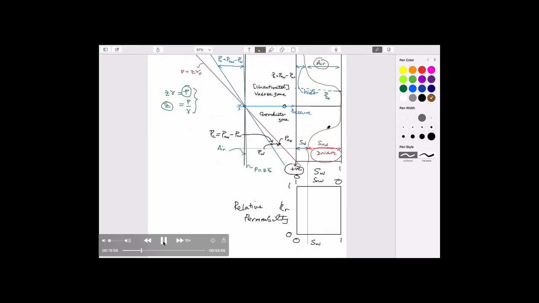Also related to those, and on the same axes, if you like, are how the permeability changes. So the capillary pressure curves say something about the static behavior of fluid when it's held in equilibrium by meniscus forces. And the relative permeability curves say something about the rate at which it can move in the subsurface. And the two are related because you can draw one on top of the other.